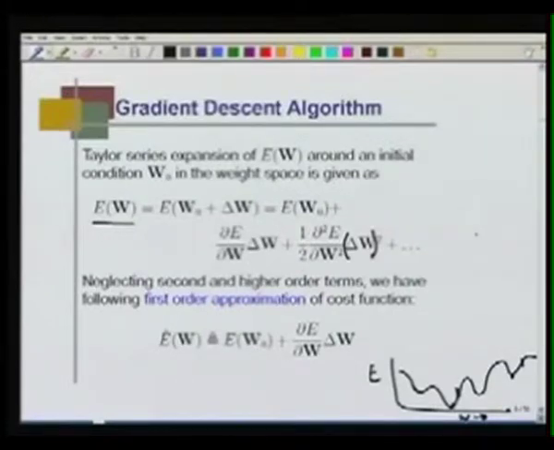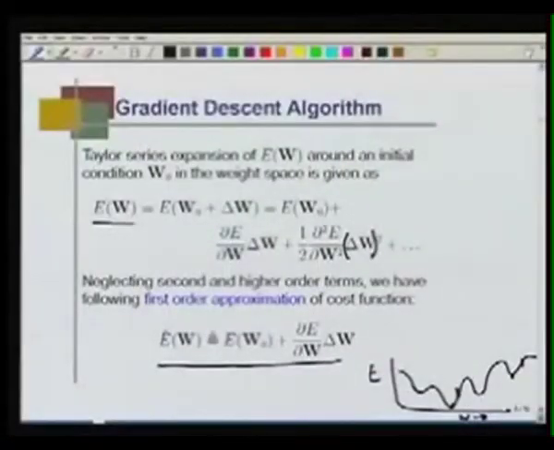If we neglect the second order and higher order terms, that is, if I simply consider the first order Taylor series expansion of the cost function, then this is my expression.